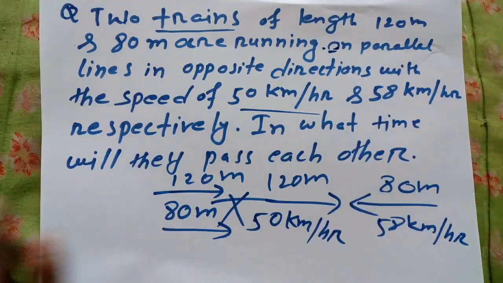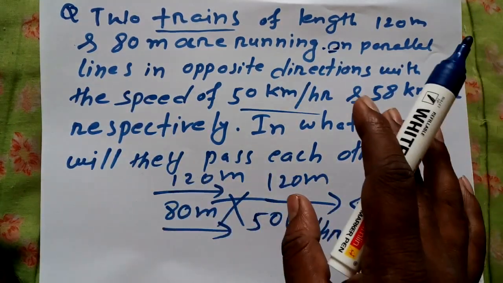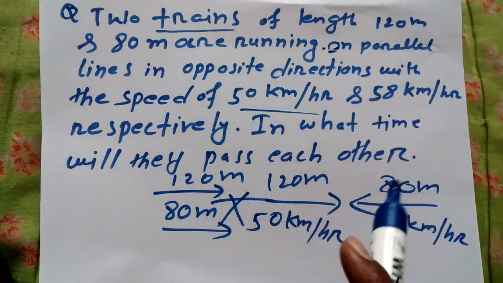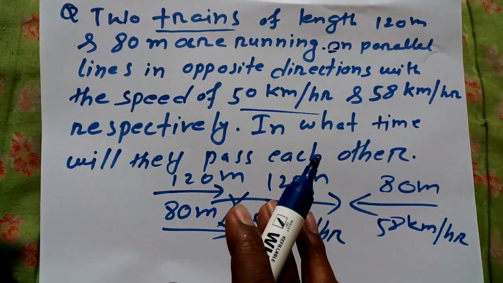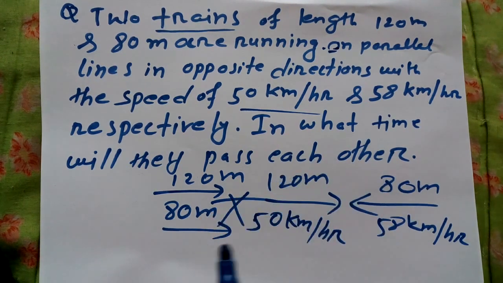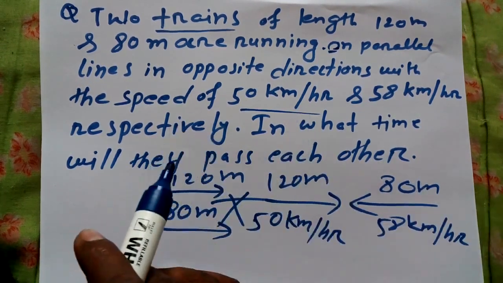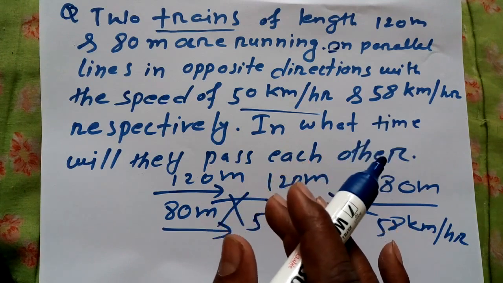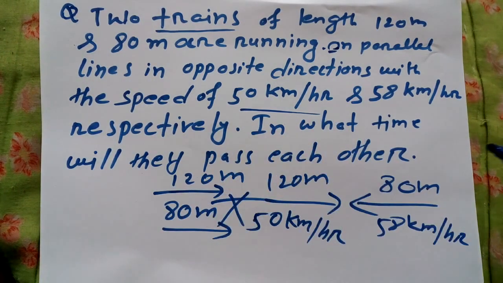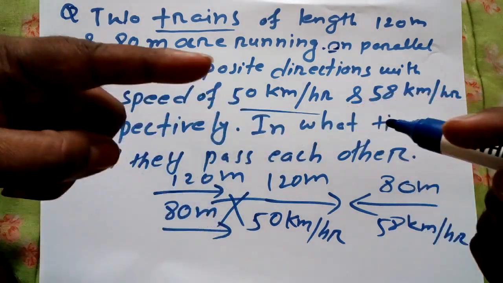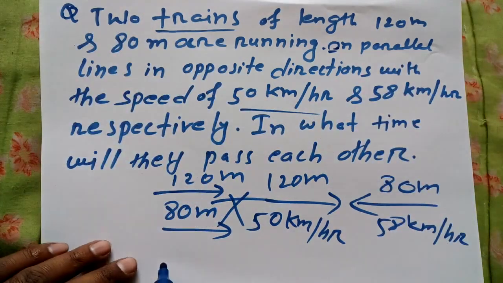So as I have shared with you in that video, for solving problems of one train and another object, here another object is also a train. So two trains, they have length as well as speed, and the condition is that they are moving opposite to each other. So here, what is the general formula for time?